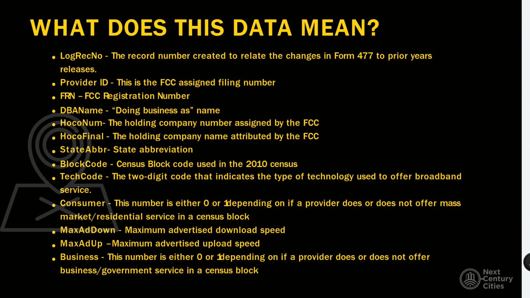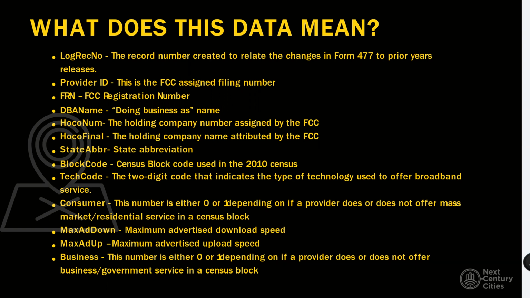The DBA name is a name that is used by the FCC for providers that do not operate under their registered company name. HOCO num and HOCO final are the name and number attributed and assigned by the FCC respectively. So these are things like a parent organization or an umbrella company that is administering a local or regional provider.